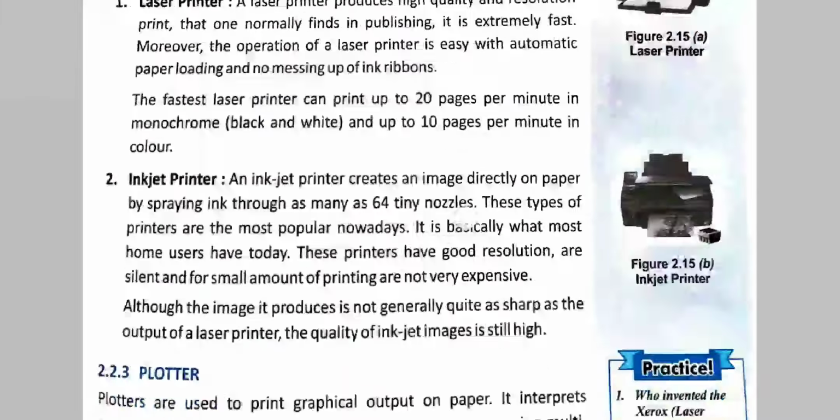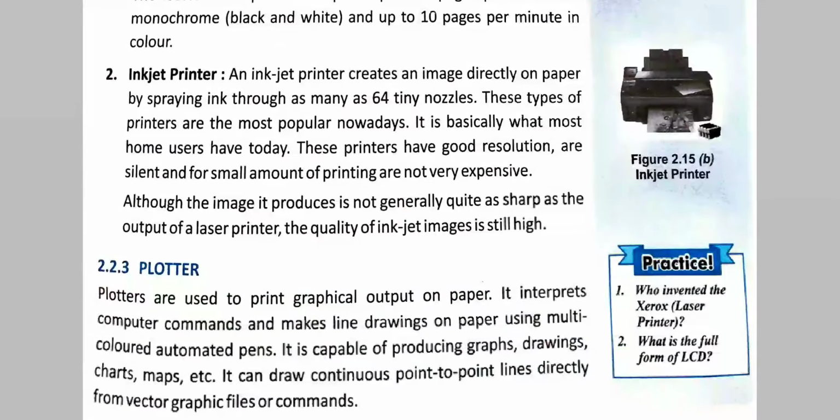So now next is the plotter. A plotter is another type of output which gives hard copy. Plotters are used to print graphical output on paper. Graphical means photos and designs on the paper. It interprets computer commands and makes line drawings on paper using multicolored automated pens.